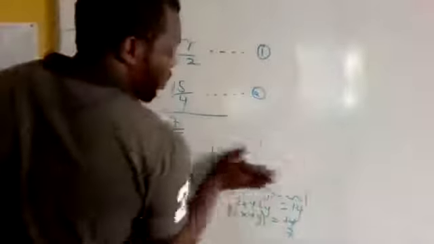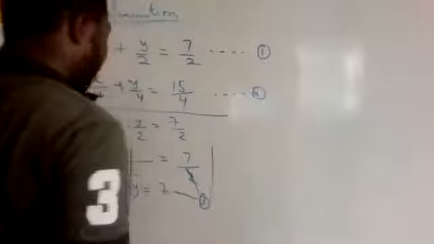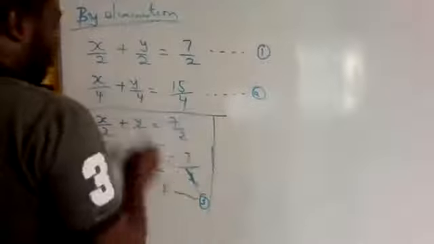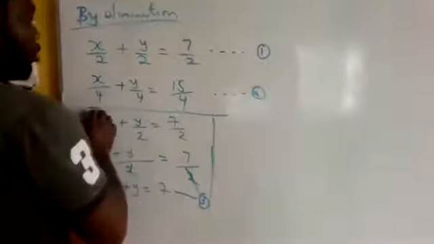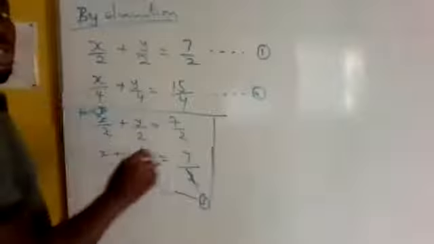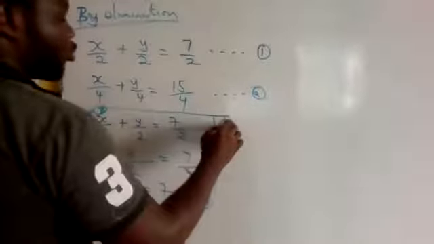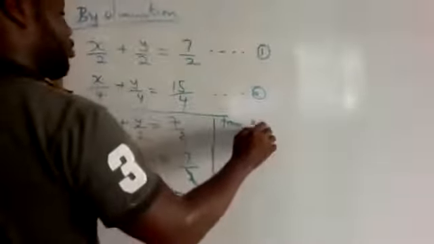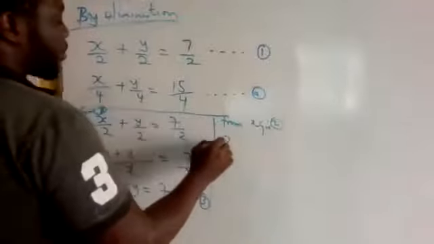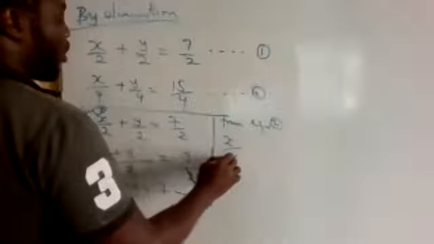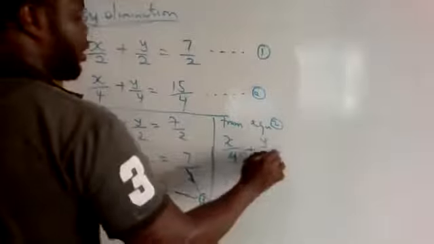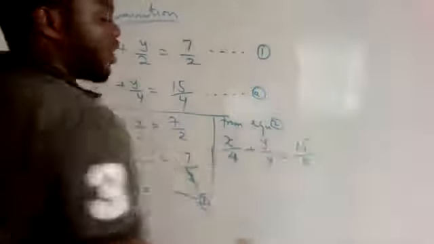Now I'll come to this other place too. The same thing. So this is from equation 1 rather. So from equation 2, the same thing. X over 4 plus y over 4 is equals to what? 15 over 4.